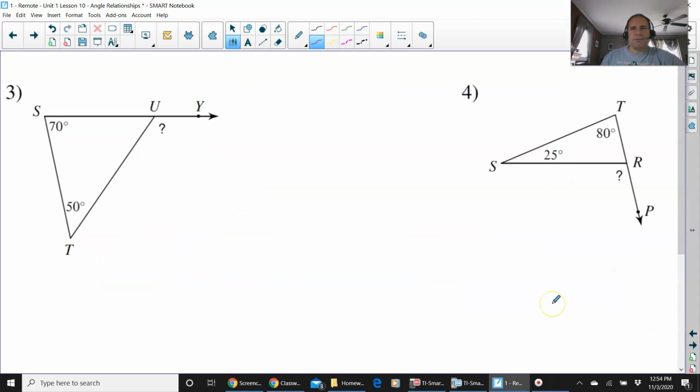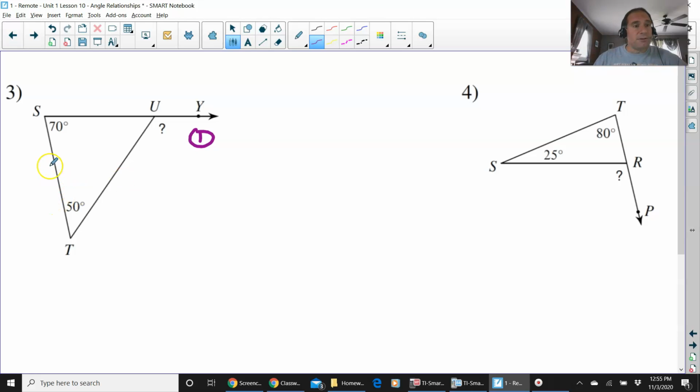Let's go on to number 3 and 4. Try the problems, go ahead, press pause now. So using number one, the method that we know, the sum of the two non-adjacent interior angles equals the exterior angle that is non-adjacent. It's not next to it.